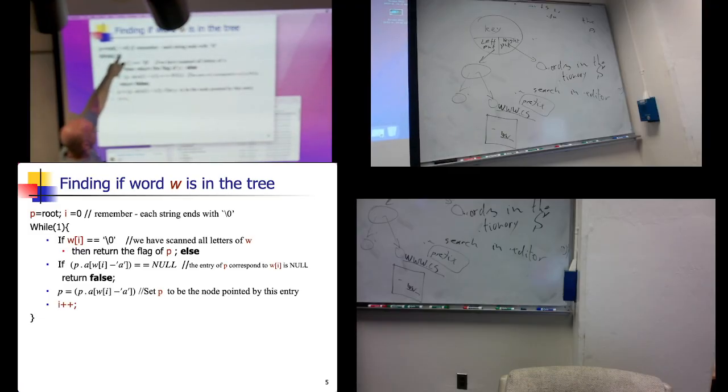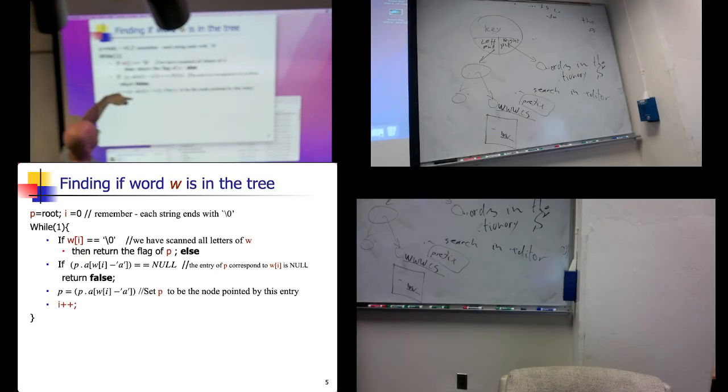I will start in 0, and I'm going to check each letter at a time. So if W of i is null, it means I'm at the end, and P will point to one of the nodes. Maybe it's a word of S, maybe not. In this case, I'm returning the flag of this node that I just visited. Maybe it's true, maybe it's false.